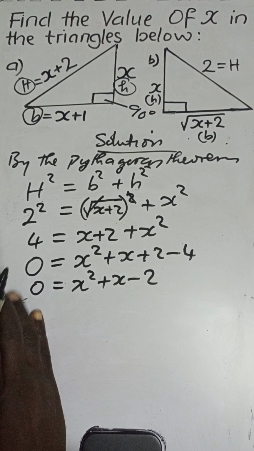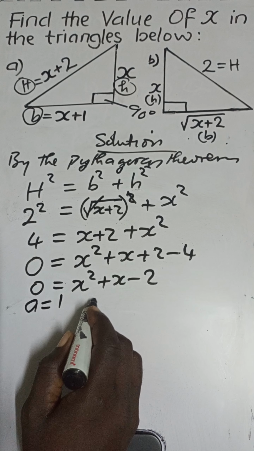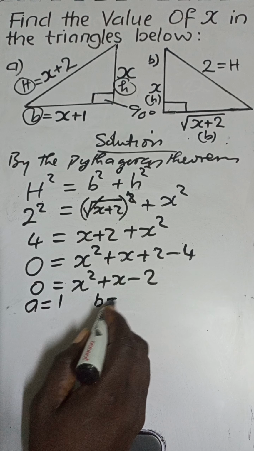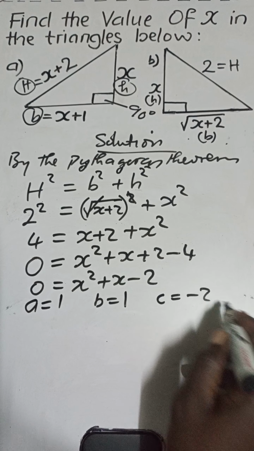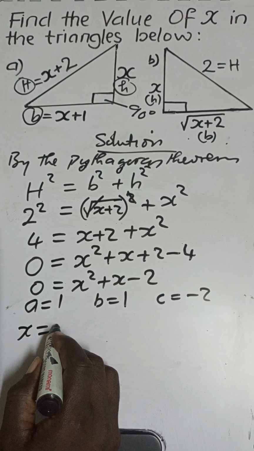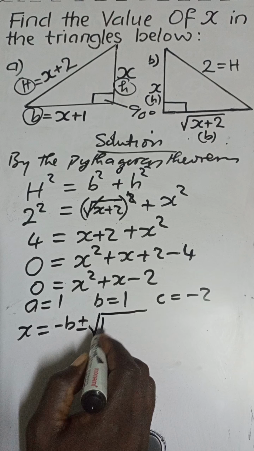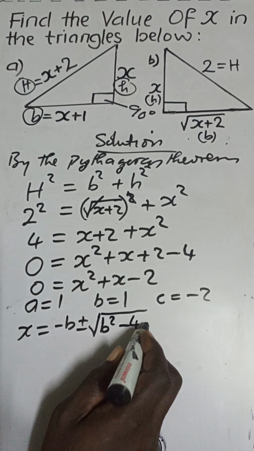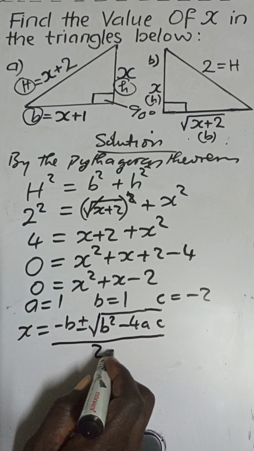The coefficient of the x squared term is 1. The coefficient of the x term is 1. And the constant term is negative 2. So we can now use our quadratic formula, which is x equals minus b plus minus the root of b squared minus 4ac all over 2a.